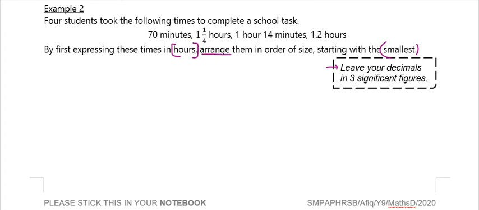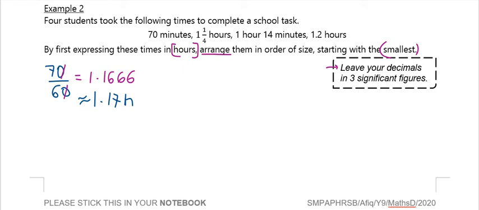The first one is 70 minutes. To convert 70 minutes, you have to divide 70 by 60. When you use a calculator, you will get something like 1.1666, which is 1.17 correct to 3 significant figures.